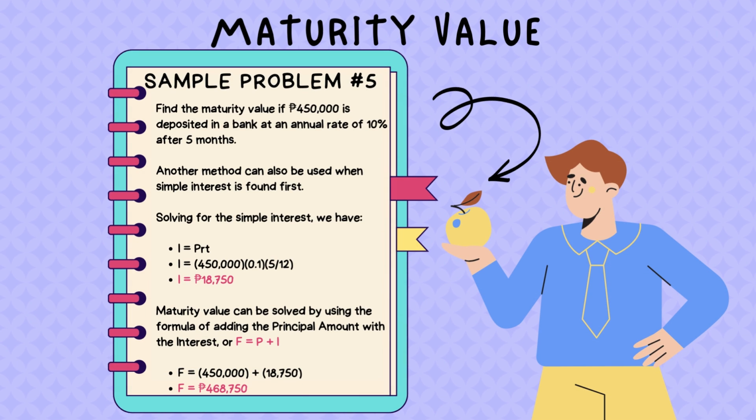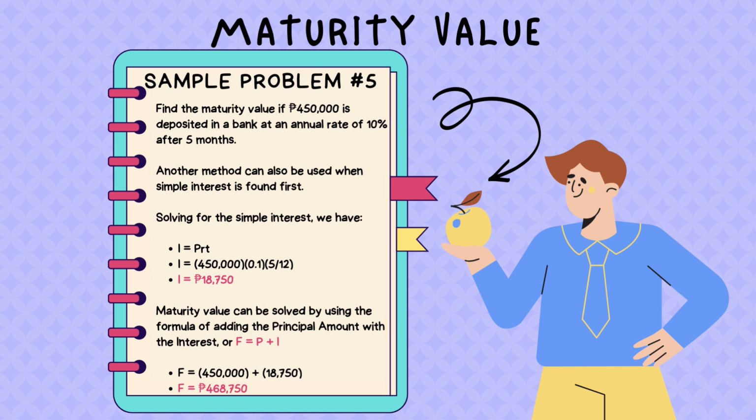Sample problem number 5. Find the maturity value if 450,000 pesos is deposited in a bank at an annual rate of 10% after 5 months. Another method can be used when simple interest is found first. Solving for the simple interest, we have simple interest is equal to the principal amount times rate times time.